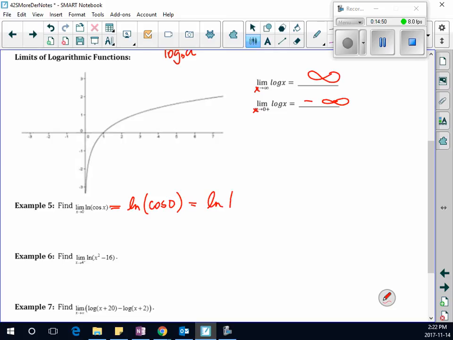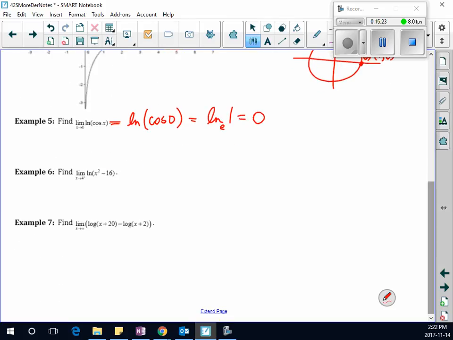So what's ln of 1 equal to? Here's my trig. Here's 0. That coordinate right there is (1, 0). So cos value when the angle is 0 is 1. What's ln of 1? 0. Are we supposed to remember this? Well, because the base is e. e to the power what gives me 1, right? Okay, so yeah, you have to know that.